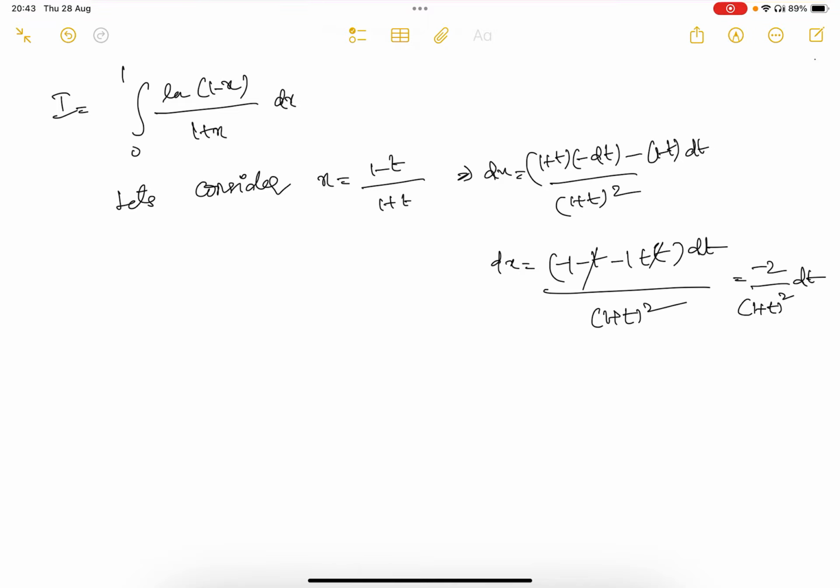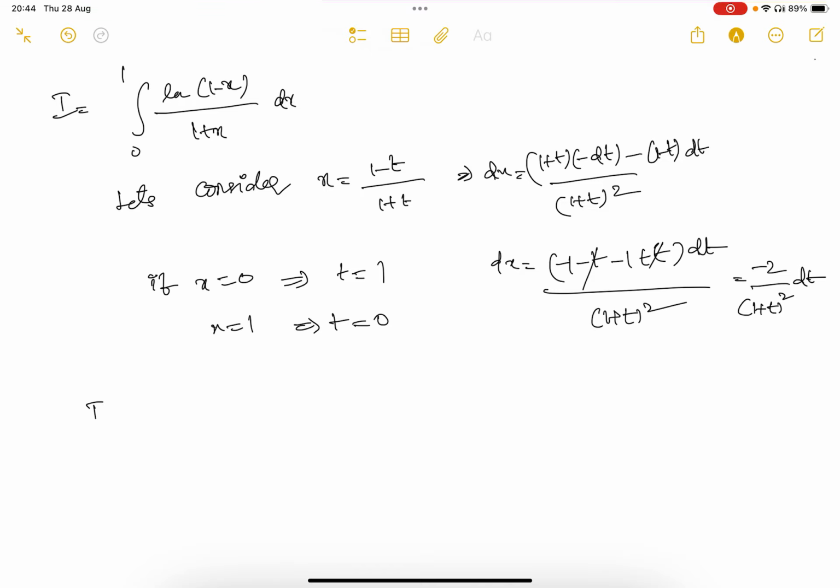Right? Then what about the integration limits? If x equal to 0, then t must be 1, right? To get x equal to 0, 1 minus 1 will be 0. If x equal to 1, then t must be 0, right?